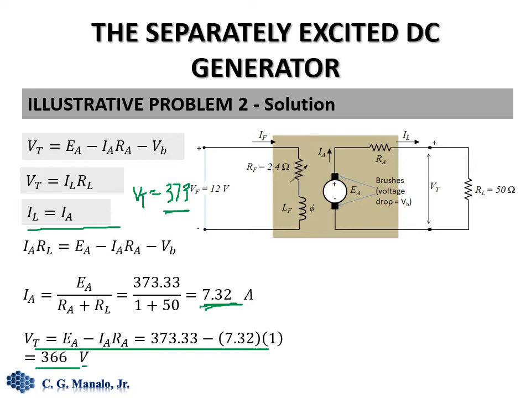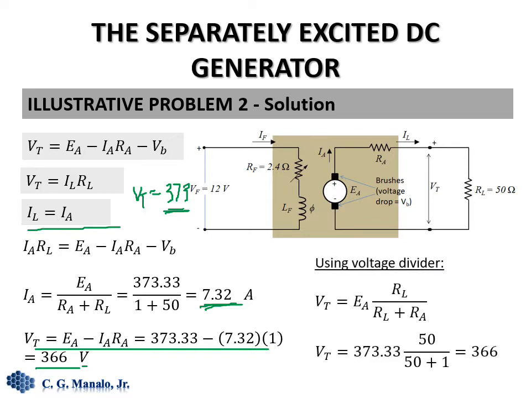So it is indeed lower than the one we have if the machine is not loaded. We could also use a different approach, the voltage divider technique. We already have EA, and to get VT, all we need to do is use the voltage divider, and that could provide us a quick answer of 366 as well.